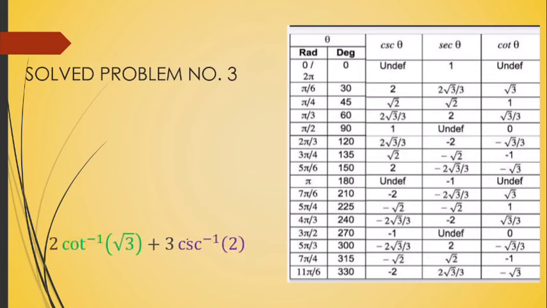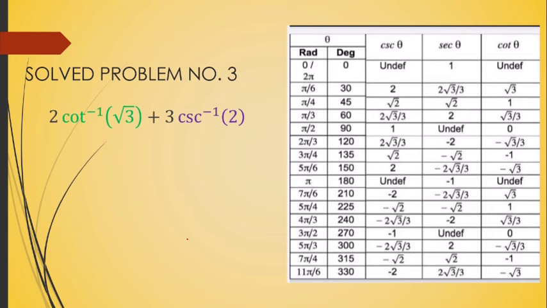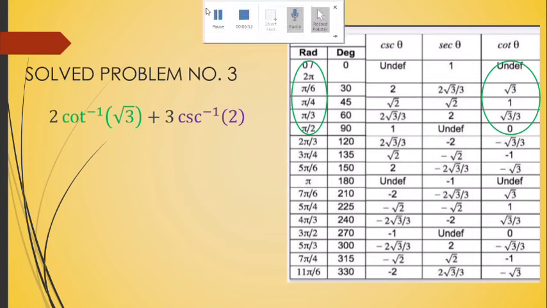Solve problem number 3. How can you find this? First, we proceed to cotangent, rather. Cotangent. We look for the square root of 3. Sorry, the correct interval is from negative pi over 2 up to pi over 2.